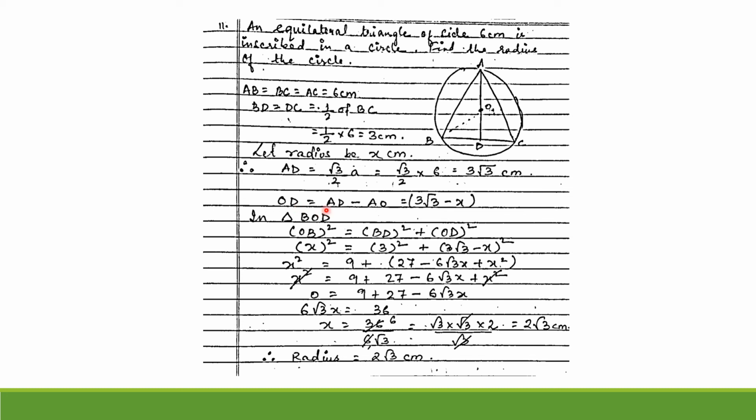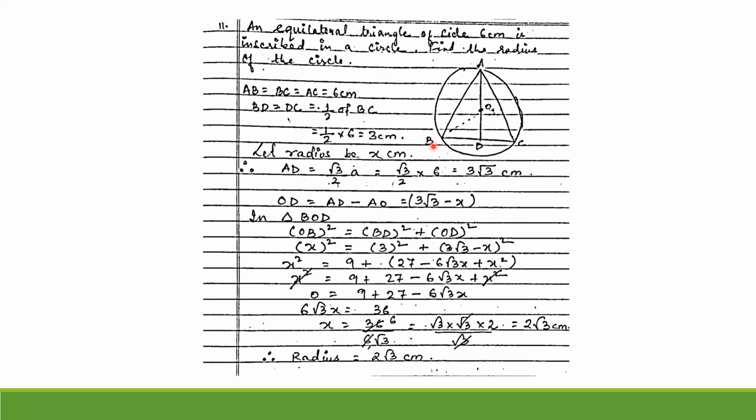Similarly, OD is equal to AD minus AO. Again, we are following the same thing, that from the line segment AD, we are subtracting the radius, so we can get the distance of the center from the chord. So if the total length is 3 root 3, if I subtract the radius, we can get the length of OD here.